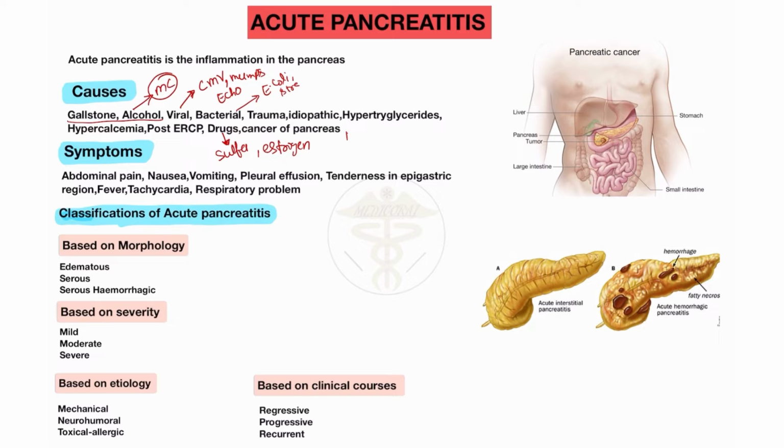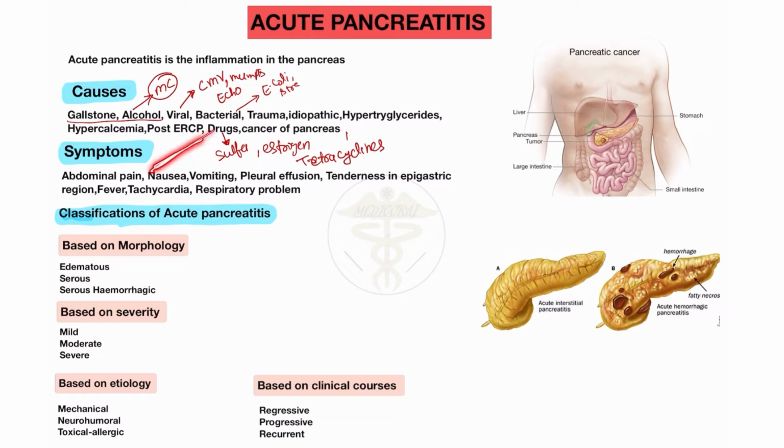Also you will see tetracycline. These all cause acute pancreatitis. So these are all the causes of acute pancreatitis, but the most common causes are gallstone and alcohol. Mostly alcoholic patients have these types of symptoms of acute pancreatitis.